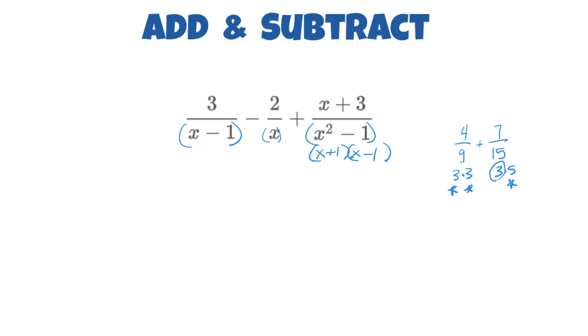So when I look at the 3 separate terms and their denominators, it looks like I am going to need a common denominator that's going to have an x minus 1, and I'm just getting that right here. It's going to have an x. I'm going to tuck that on the front. And then it's going to have an x plus 1, and it's going to have an x minus 1. Well, hang on. I've already got the x minus 1. It's here. I just need an x plus 1. So here is our common denominator.